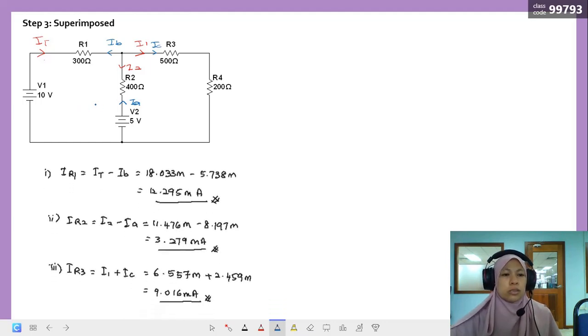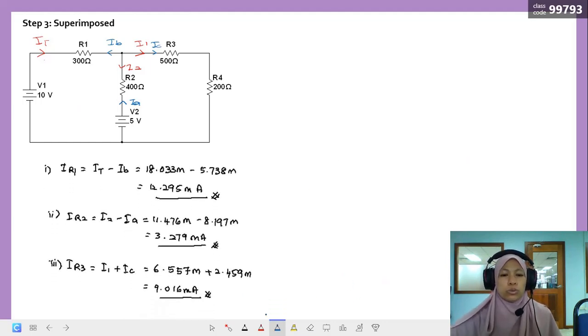So here we only need to calculate current at R1, which is I total minus IB, because it is in opposite direction. So I total minus IB, we get 12.295 milliampere. IR2 is here, the 400 ohm. I2 minus IA, so we get 3.279 milliampere.